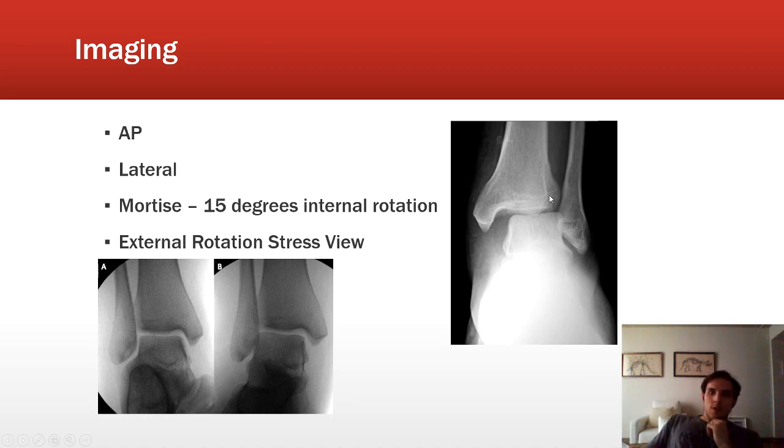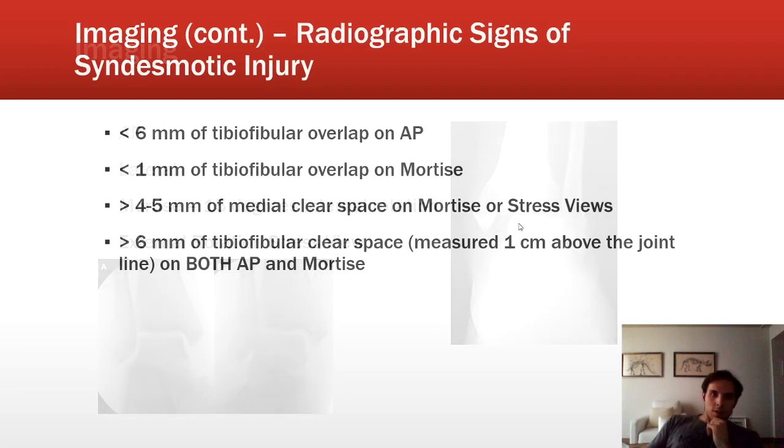This should be overlapping the tibia in this case, so you have less than 1 millimeter of overlap here. So this patient probably has a syndesmotic injury, and then we'll get back to this in a second, but there's also increased medial clear space on that radiograph.